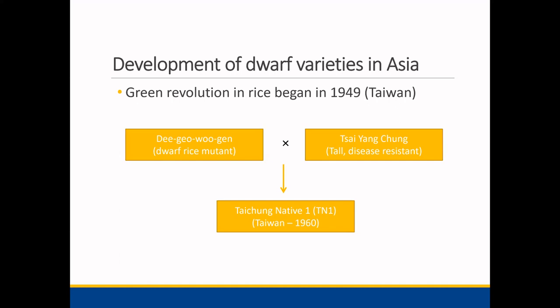So they brought that technology to Asia. So this green revolution in rice improvement started in 1949, especially in two places. One is in Taiwan, and the second one is the International Rice Research Institute.